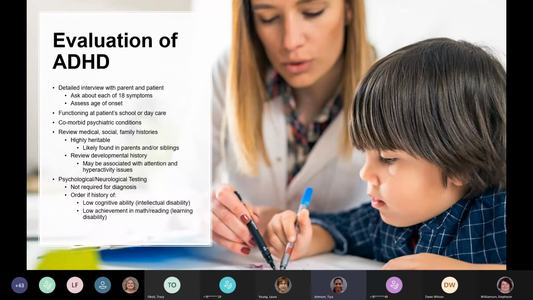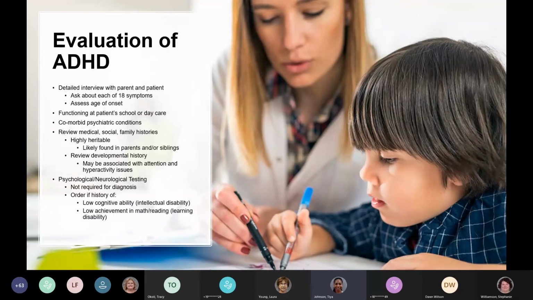Now, as far as psychological or neuropsychological testing, it is not required for the diagnosis of ADHD, but it should be ordered if after you've done your thorough evaluation, you notice that there's a history of low cognitive ability, or you suspect an intellectual disability of some sort, or if there's low achievement in specific classes, math and reading, even though the child has a normal intellectual ability, because that could be a learning disability.